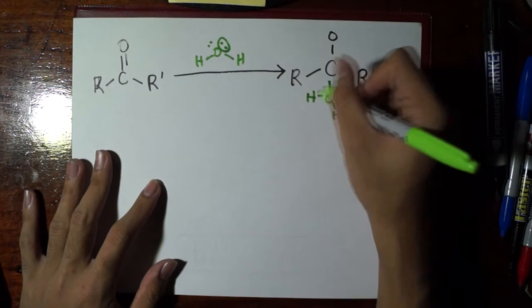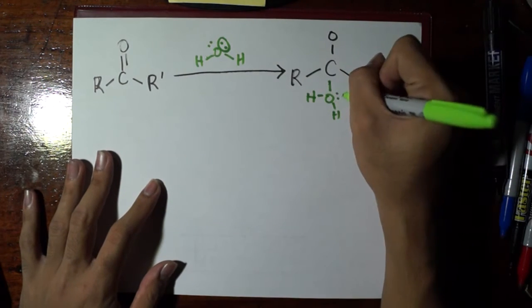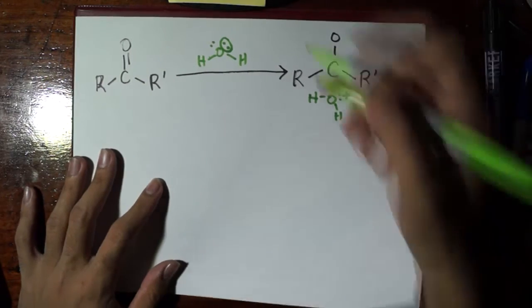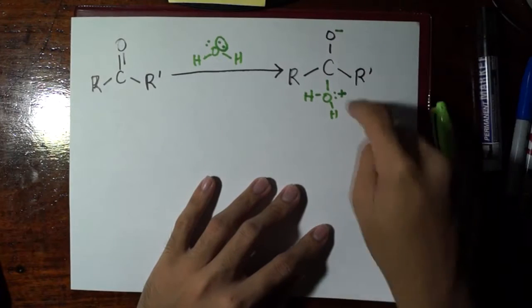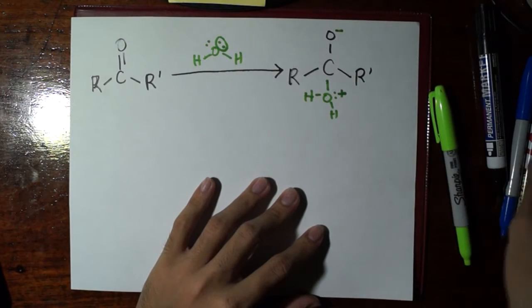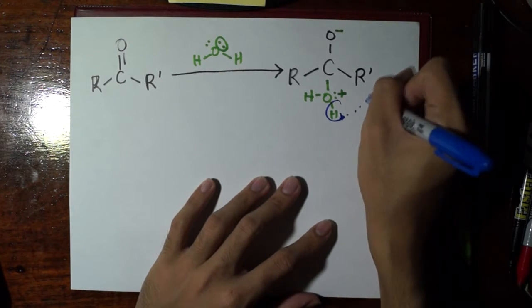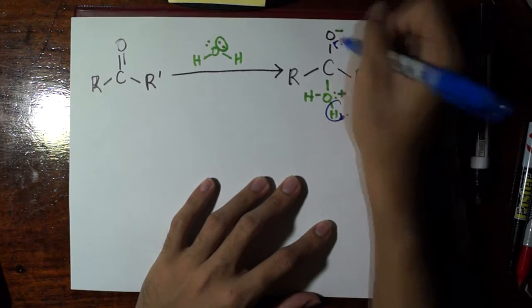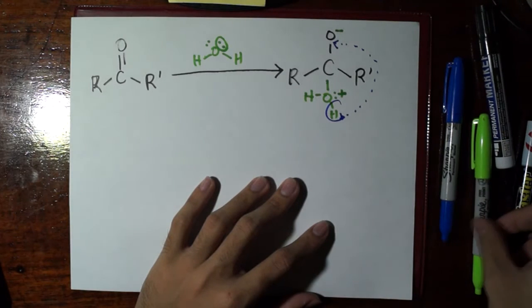Here, oxygen will have 3 bonds, and you know that oxygen can only accommodate 2. This becomes positive, this oxygen becomes negative. In order to compensate for this difference in charges, oxygen can be like, hey, hydrogen, I'm kicking you out, and you could just go to the oxygen here who wants a proton.